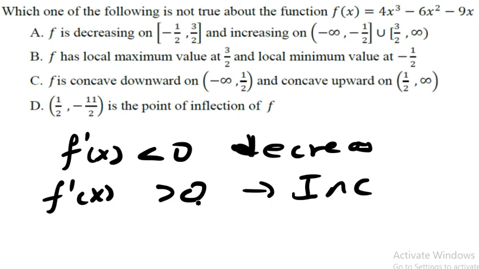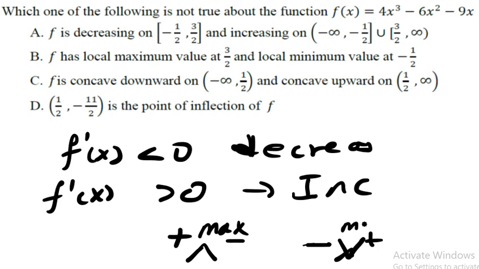And to find the maximum and the minimum, we have to see sign change. For example, from positive to negative means it's maximum, and from negative to positive it's going to be minimum value, and maximum value will be found at those points. And to discuss about concavity, we have to take the second derivative again.